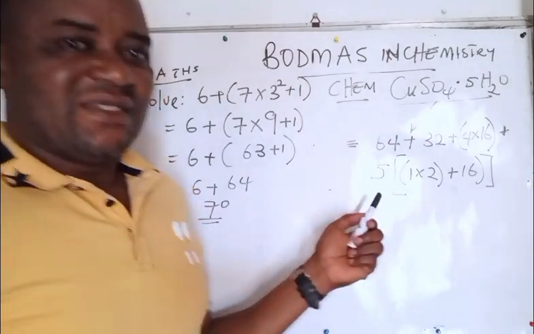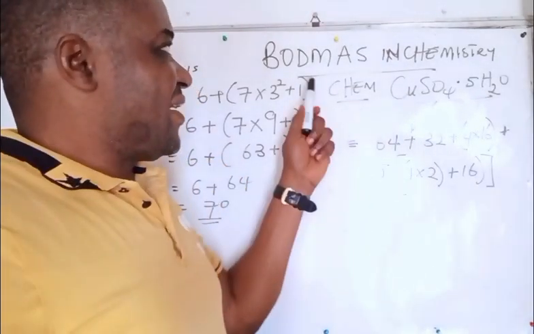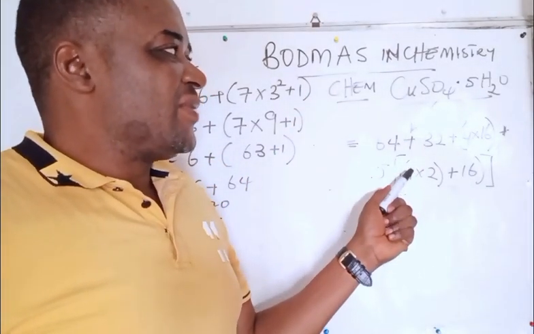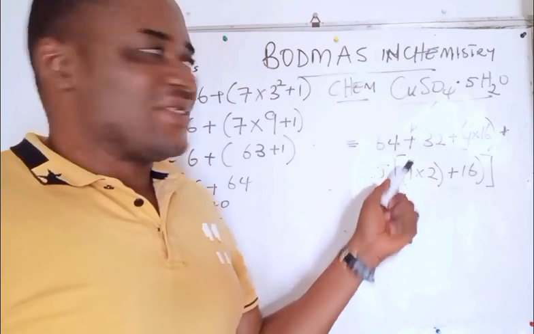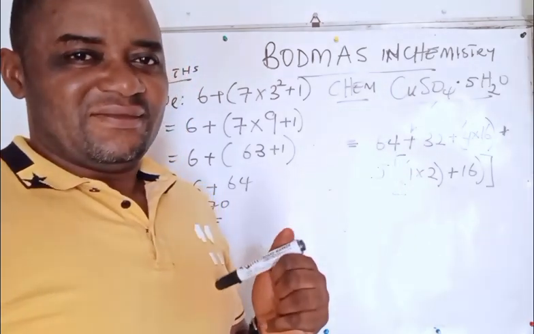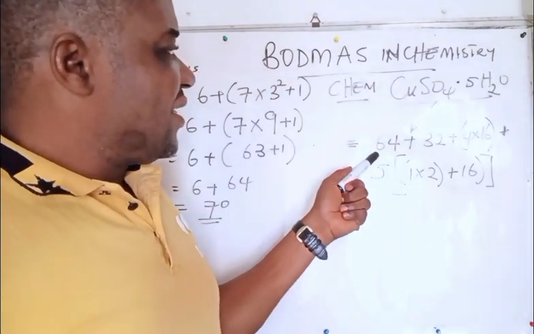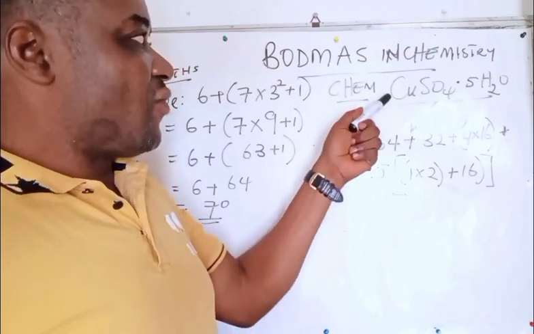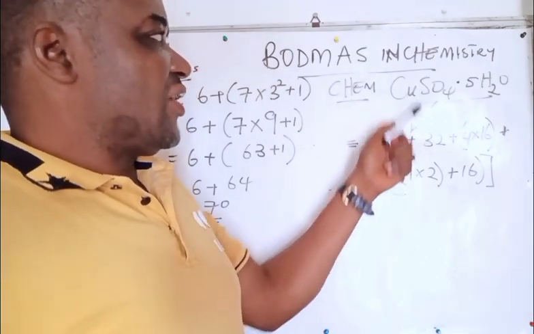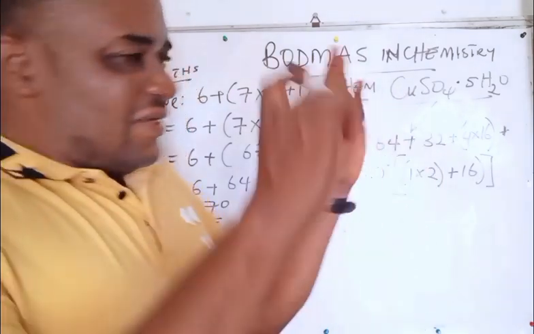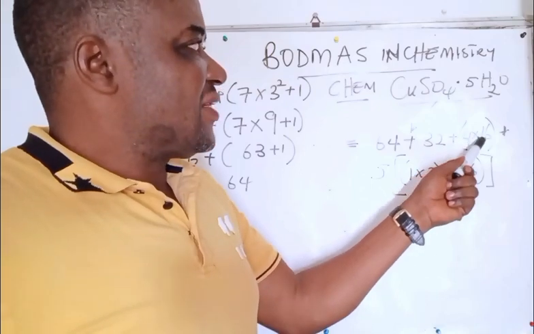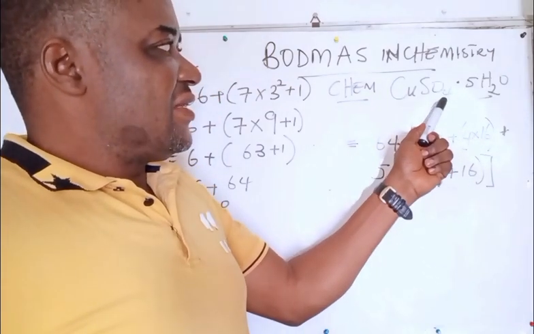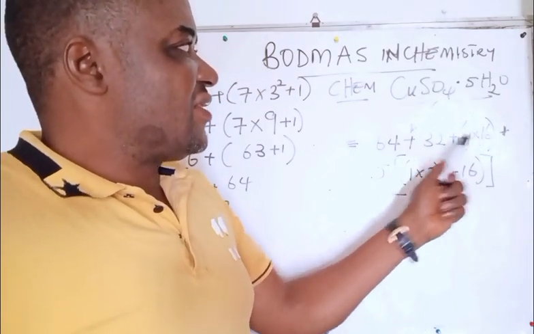Did you see the arrangement? We are trying to follow BODMAS in solving a chemistry problem, looking for the molecular mass of hydrated copper sulfate. So we have 64 as the atomic mass of copper, plus 32, the atomic mass of sulfur, plus parenthesis 4 times 16. The 4 is the subscript, and the 16 is oxygen.